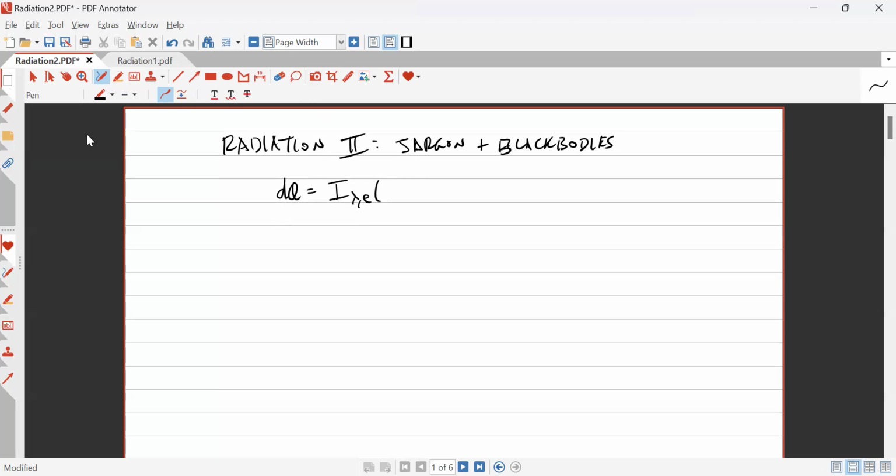It's a differential amount of heat flow equal to the radiative intensity, which depends on wavelength lambda and direction theta and phi. Here's the intensity. Your wavelength.